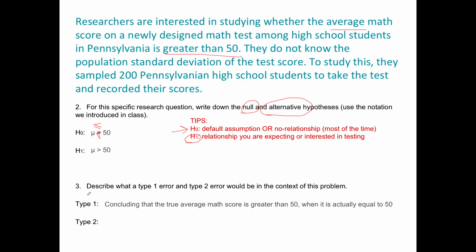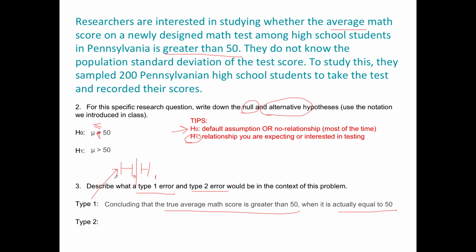And so for this one, describing what a type 1 error and type 2 error would be, this would be in a later slide too. So type 1 error is concluding that the true average is greater than 50 when it's actually equal to 50. So that will be H1 given H0.